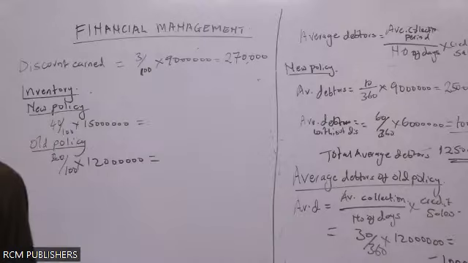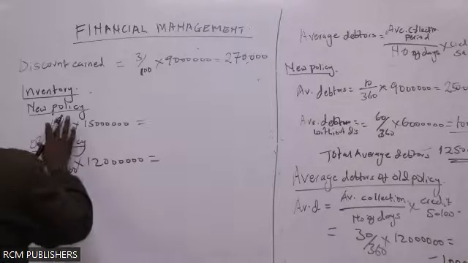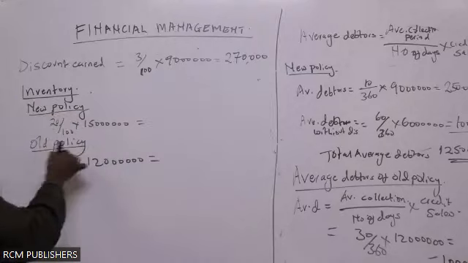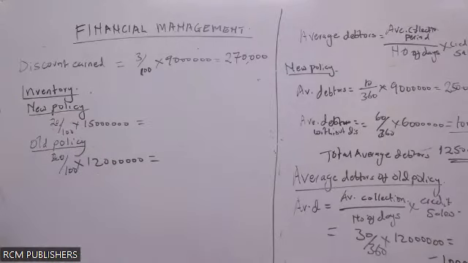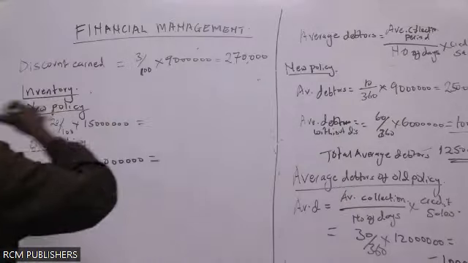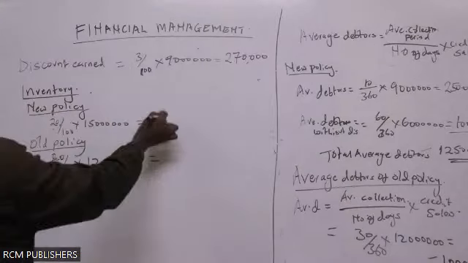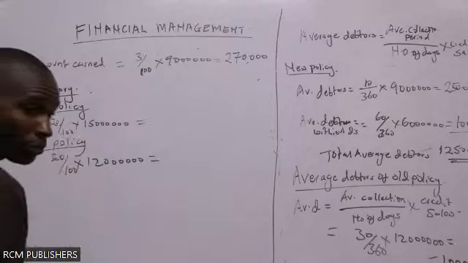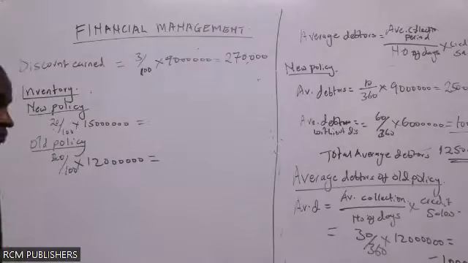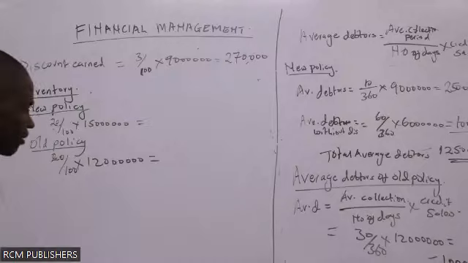Okay, inventory. This is for variable cost. Thank you very much. So it remains constant, 20%. So both have 20%. 40% is the variable cost.